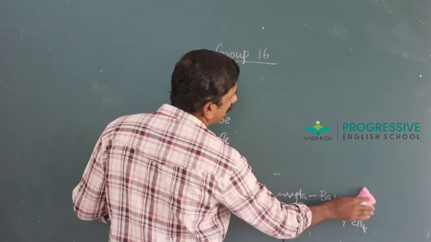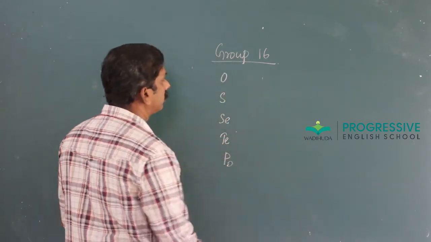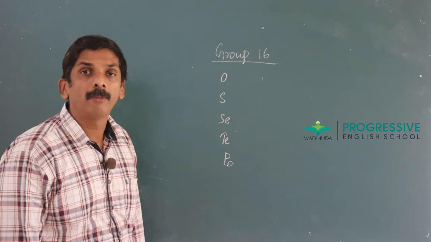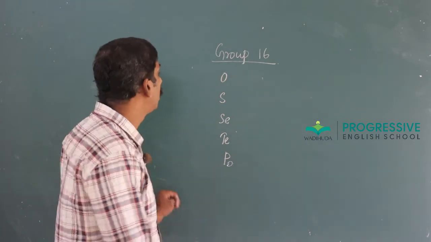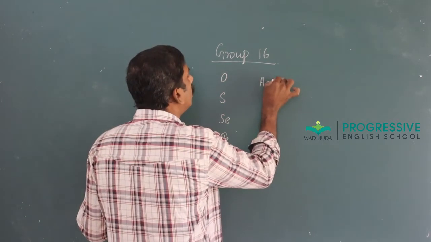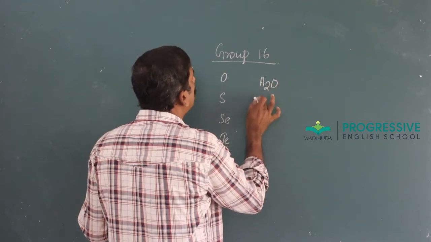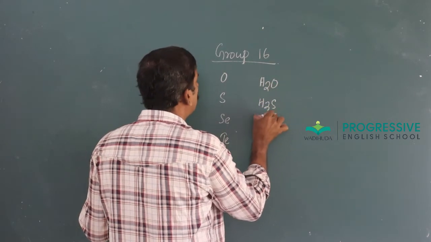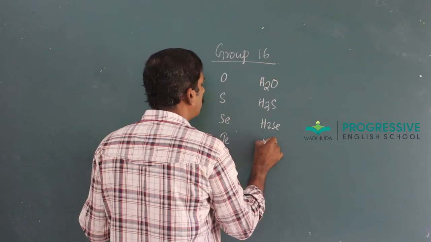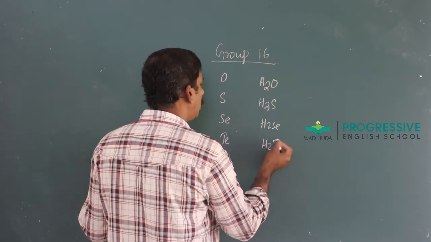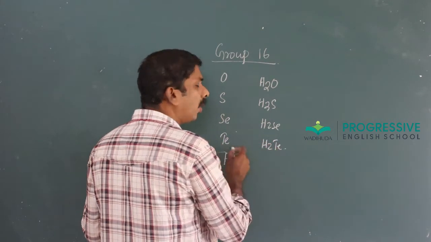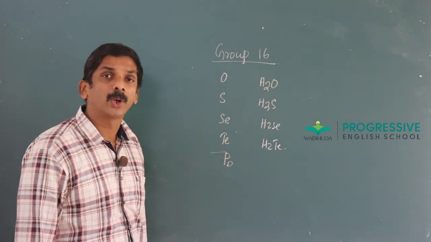These elements combine with hydrogen to form hydrides. The hydride of oxygen is water, then H2S, H2Se, and tellurium hydride. Polonium is a radioactive metal with a short half-life.